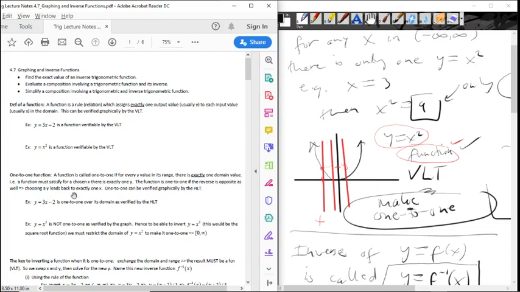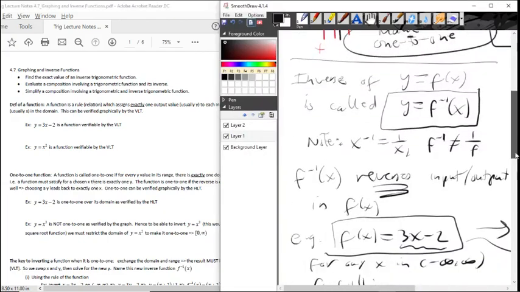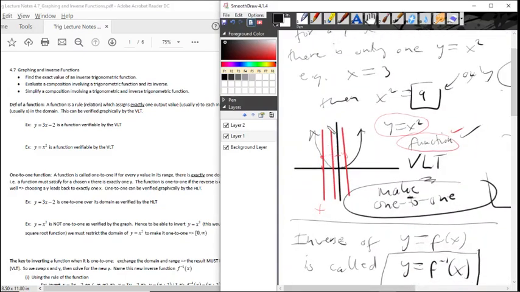The way we check that graphically is by doing the reverse of the test that we used to see if something was a function. We said that something is a function if vertical lines only intersected it once. That's because every vertical line is us choosing a value of x.